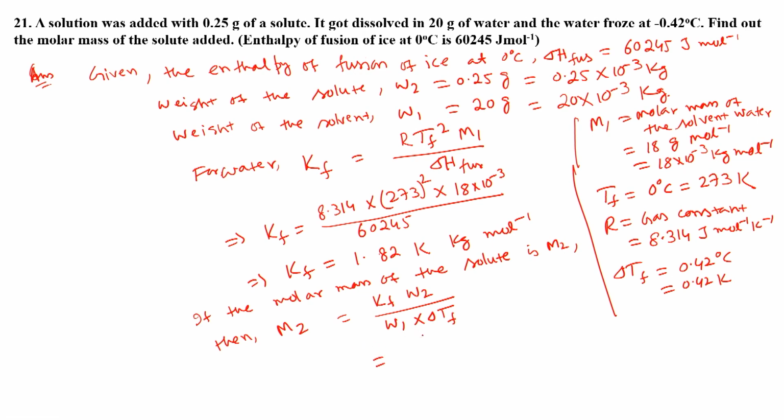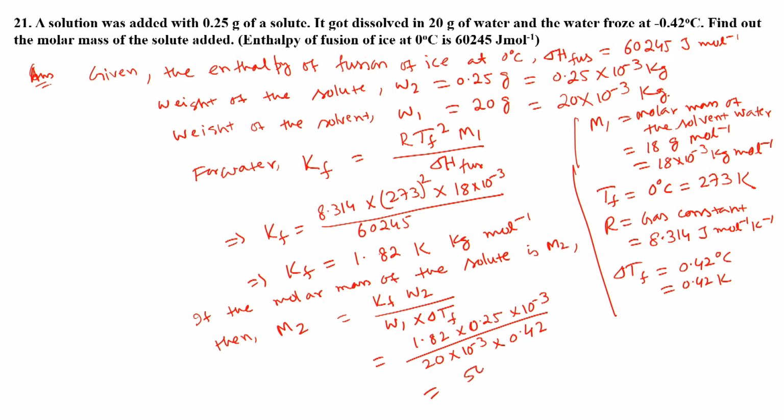So if we substitute now, 1.82 is the value of Kf, and W2 is 0.25 times 10 to the minus 3, and W1 is 20 into 10 to the minus 3, and delta Tf is 0.42. So if we do it, we get the value of M2.